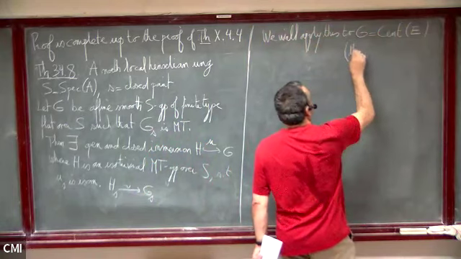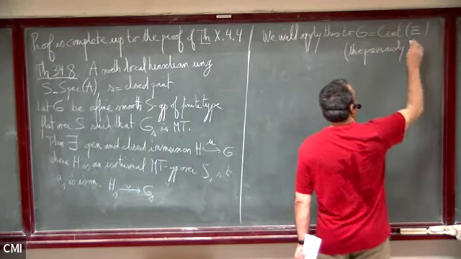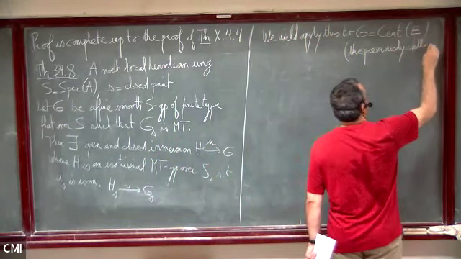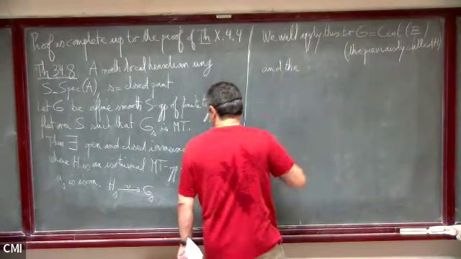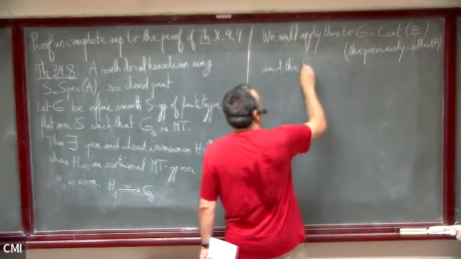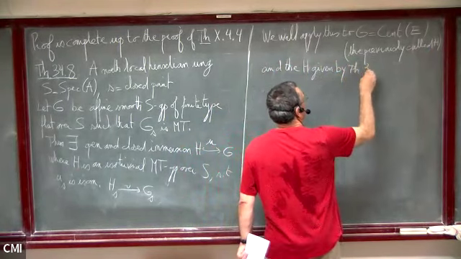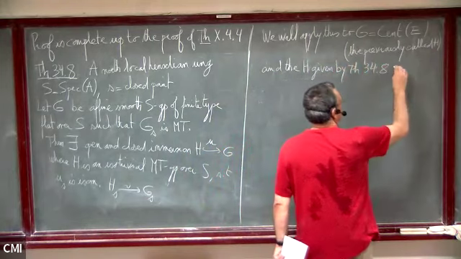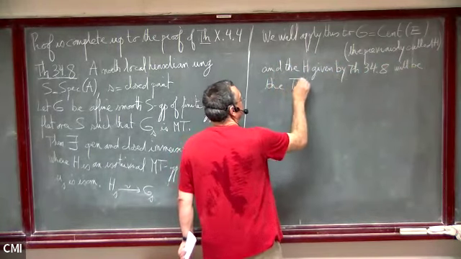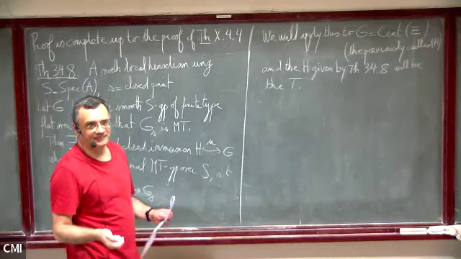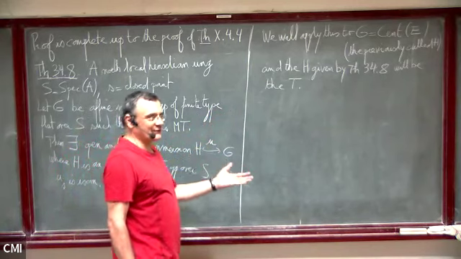So this was the one that was previously called H, and the H given by this last theorem will be the T. Okay, so I'm changing the notation because I'm running short of letters.